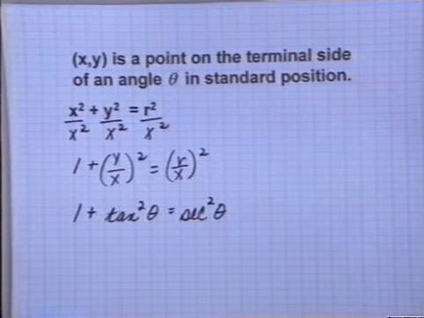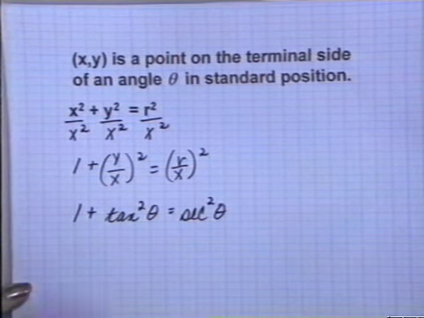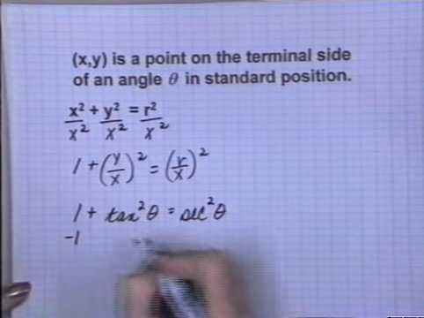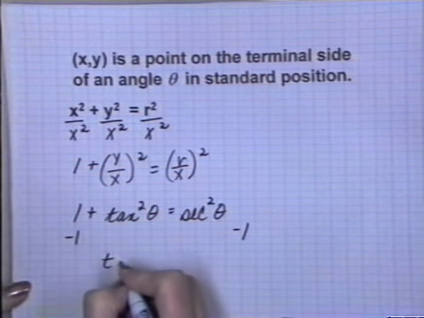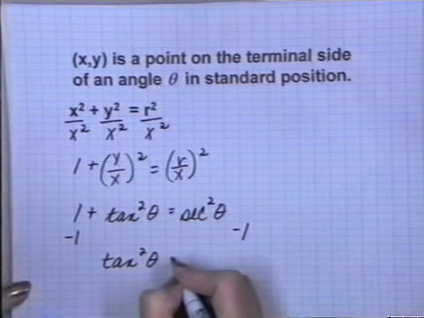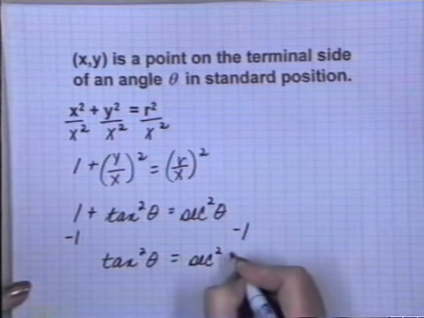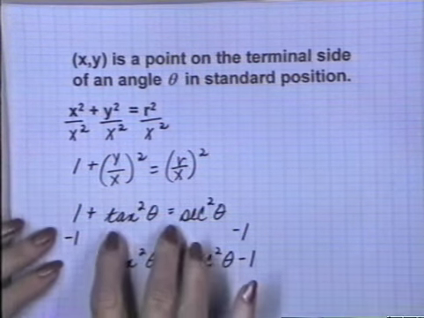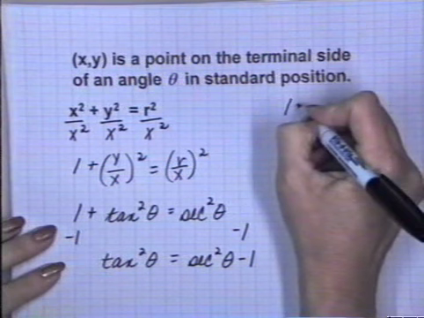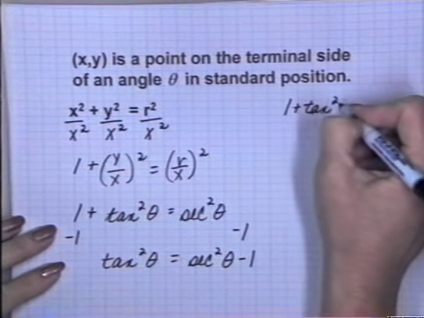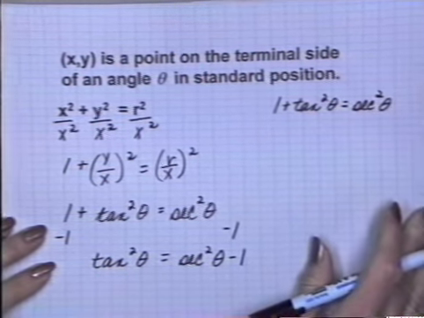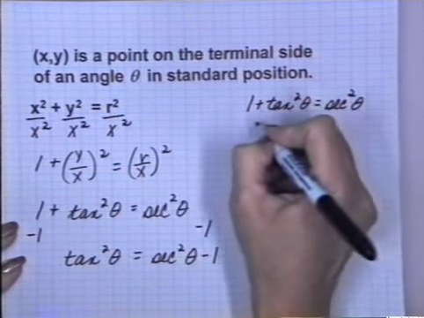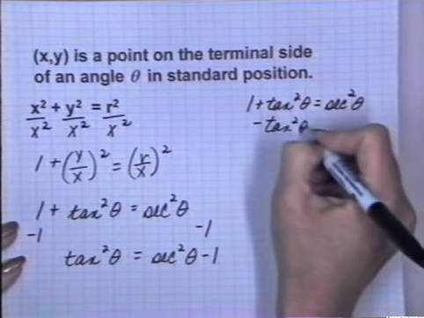So there's another Pythagorean identity, and there are 2 other forms of this one. The first thing I will do with this equation is subtract 1 from both sides. Of course, 1 minus 1 adds to 0, and that leaves me with tangent squared theta equals secant squared theta minus 1. And then for this same relationship, this time I will subtract tangent squared theta from both sides.